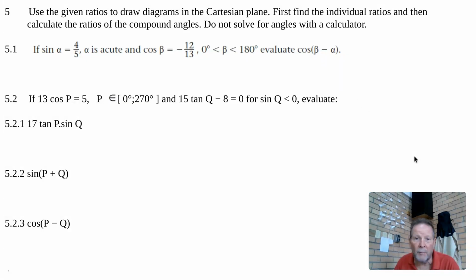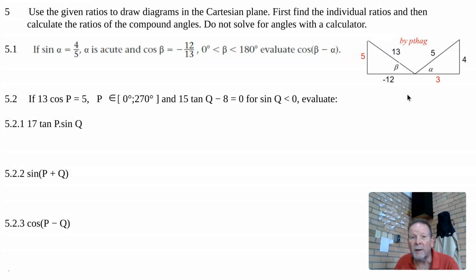Now, the first job you have to do is you've got to draw a couple of triangles. There's alpha in the first quadrant. I know sine is 4/5. Well, if I go 5 squared minus 4 squared and square root it, I know that's a Pythagorean triplet. So I know that that adjacent side must be 3 by Pythagoras.